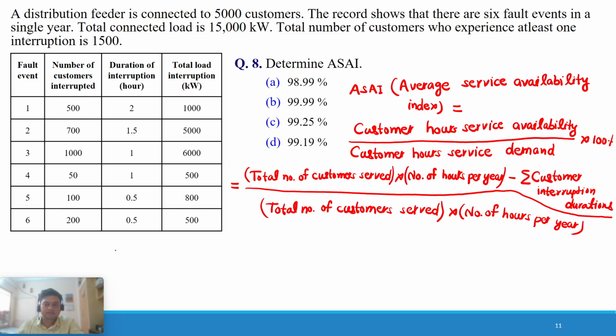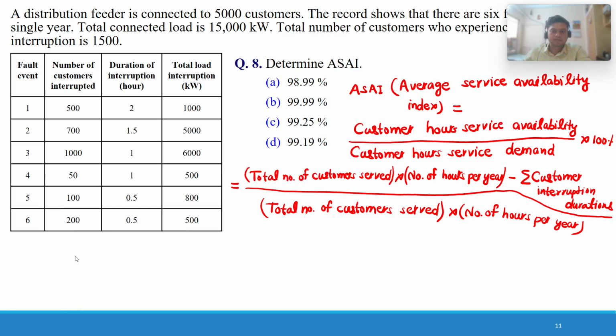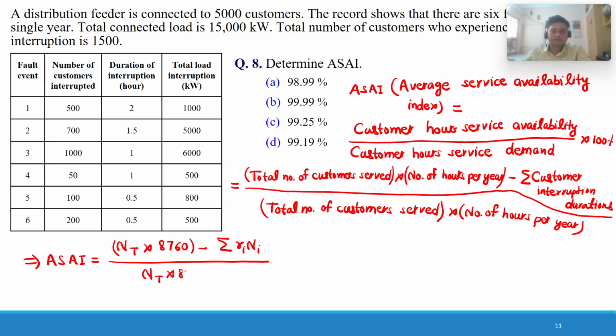Therefore, we can write ASAI as total number of customers served, that is NT, into number of hours per year, so this is 8760, minus customer interruption duration, that is sigma RI NI, divided by NT into 8760.